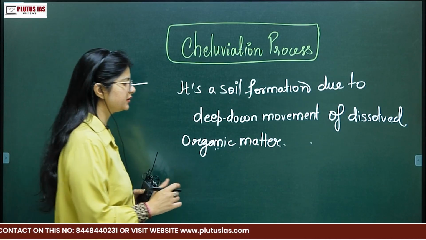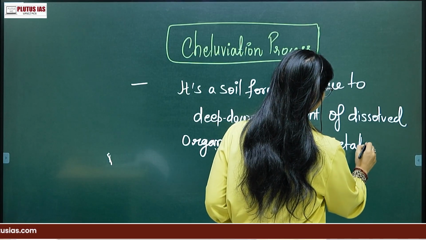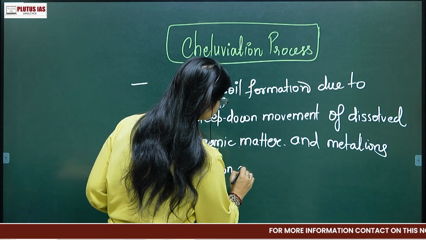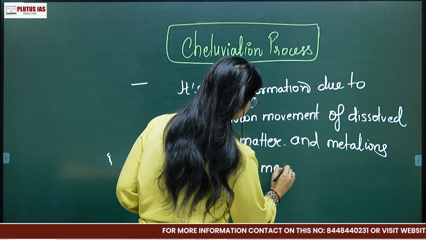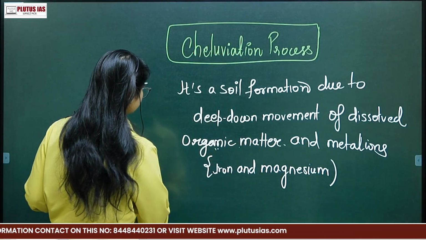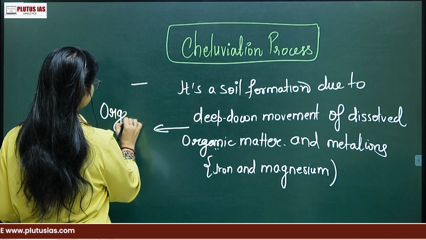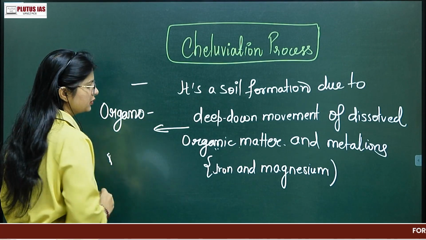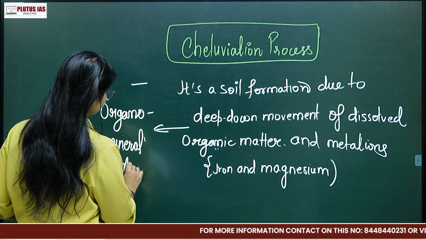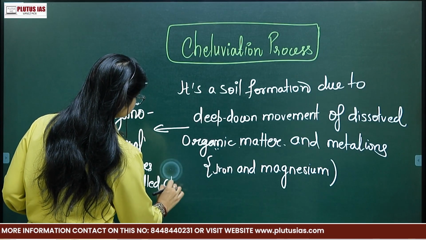Not only organic matter, even metal ions are getting down, especially iron and magnesium. This forms organo-mineral complexes called chelates.